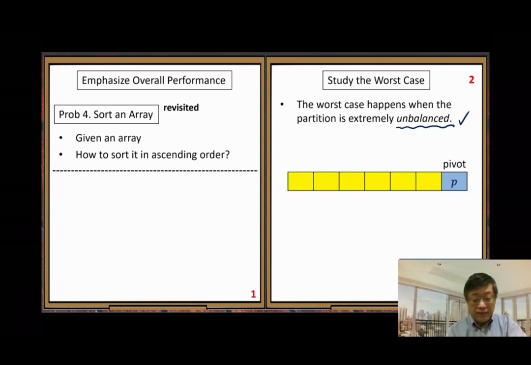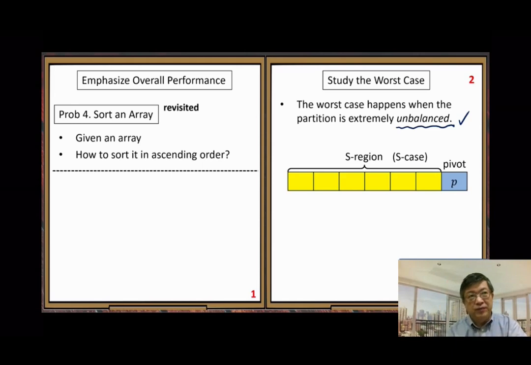All right, so let's look at this diagram. In this diagram, you can see after we run one partition. So this is a situation after we run one partition. You can see, other than the pivot element, we only have S region. The L region is empty. There is no element in the L region. That is an extremely unbalanced case, right?